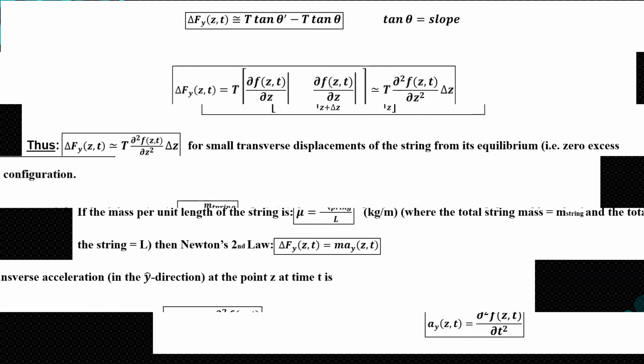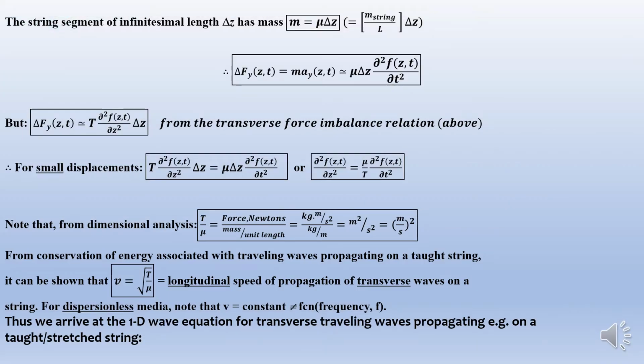So the string segment of infinitesimal length del z has mass m equal to mu del z. So del f y of z t will become m a y of z t, which is equal to mu del z times partial square f of z t over partial t square.